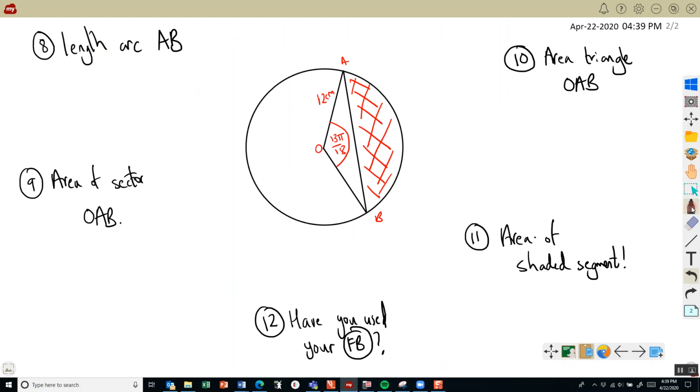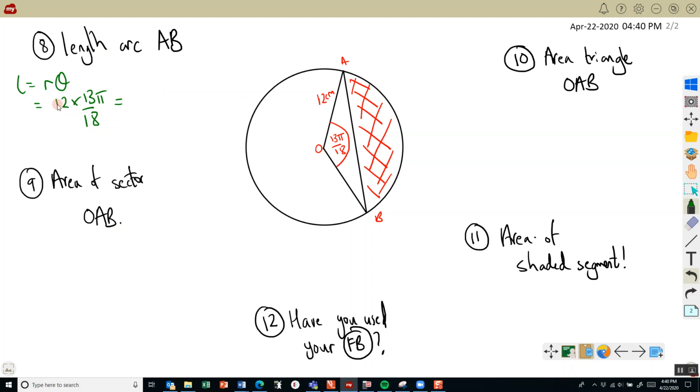Length of the arc, let's use green. So the length of the arc is equal to radius times theta. Radius is 12 times 13 pi over 18. 12 goes into 18, 12 goes into 12 once.